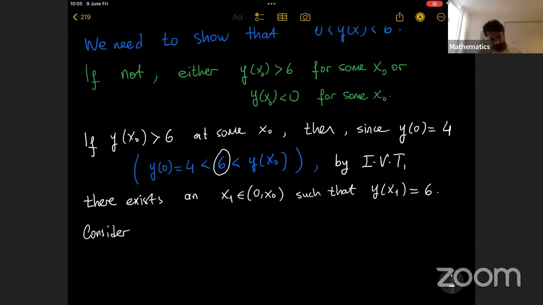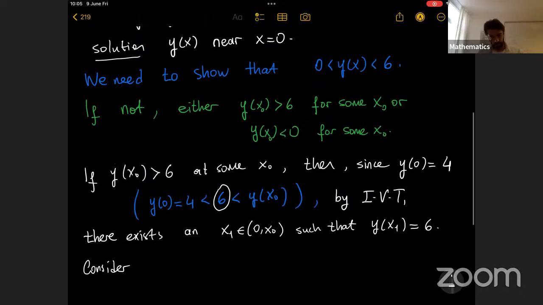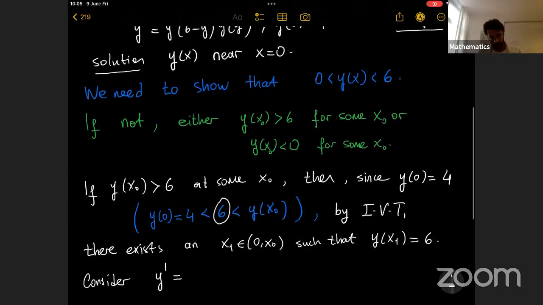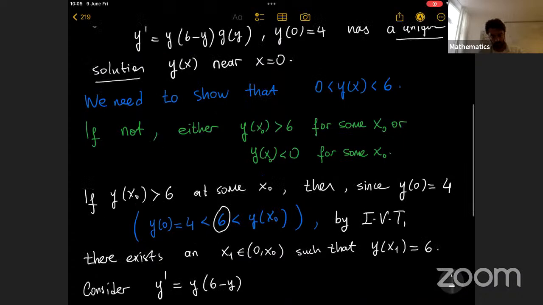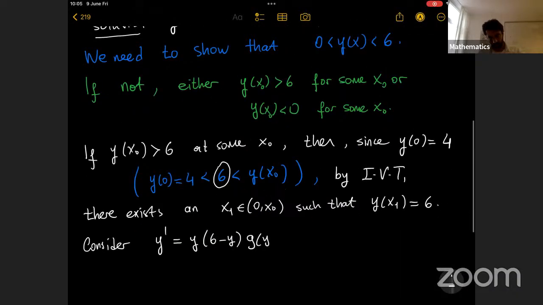Consider y prime equals y times y minus 6, yani g of y, ve initial value'su da y of x1 eşittir 6 olsun.